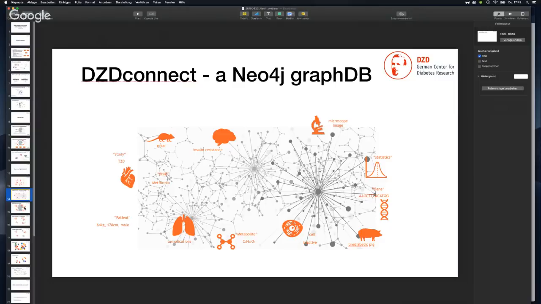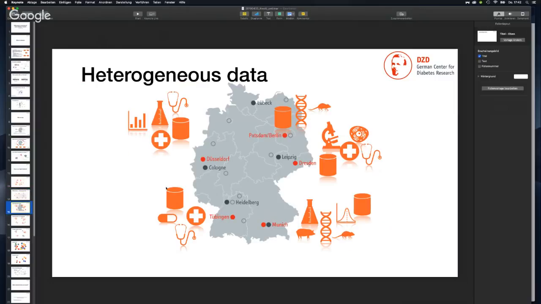So when I started like 2 years ago, I was visiting all the different partner locations, and it turned out that we have a lot of data. I don't want to say big data, but we have enormous amounts of data, and this is basically very heterogeneous.